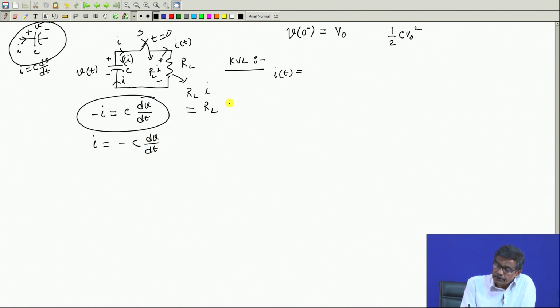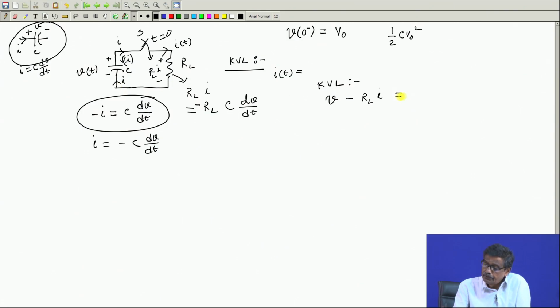So, R L into C dV dt with a negative sign like this. Then you start your journey from this point, say minus to plus V, then with this minus R L into I, plus to minus, and I have reached the starting point, that is equal to 0.